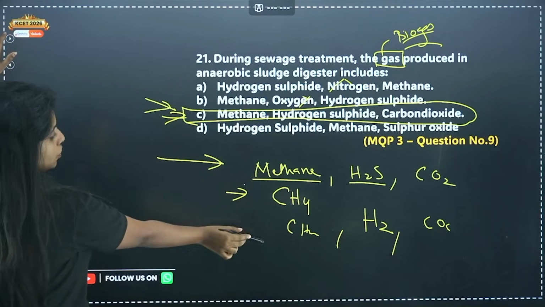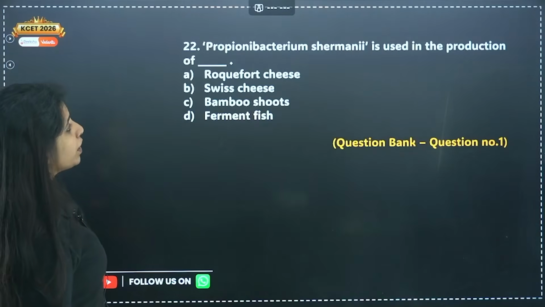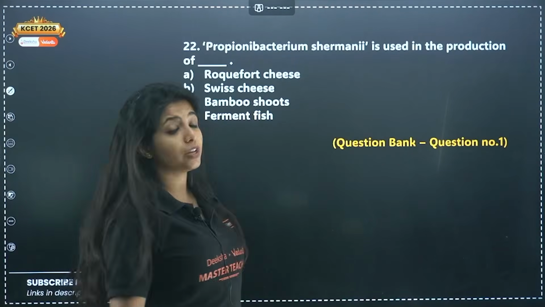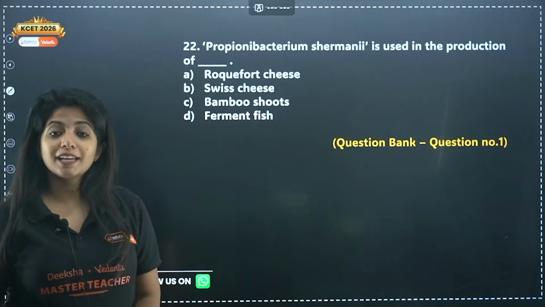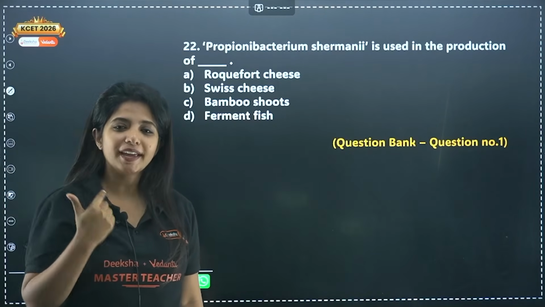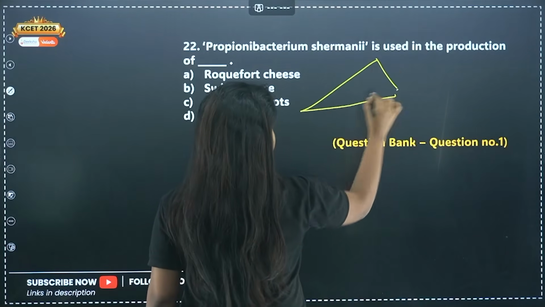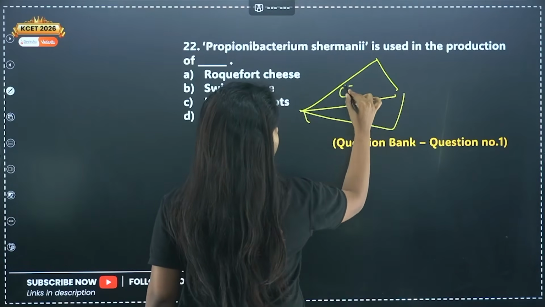So yes, either this or this. Chalo. Propionibacterium shermanii is used for the production of Swiss cheese. I always tell it like this: Shermani, why is it getting shy? Because, my dear children, this particular bacterium releases CO2.